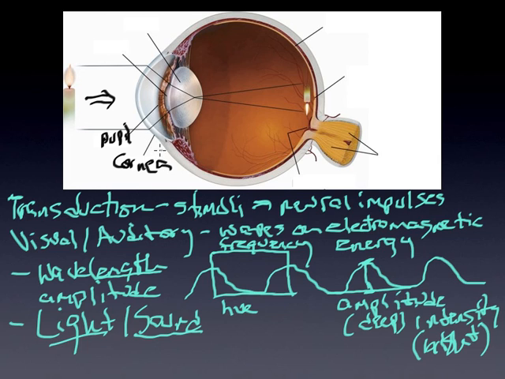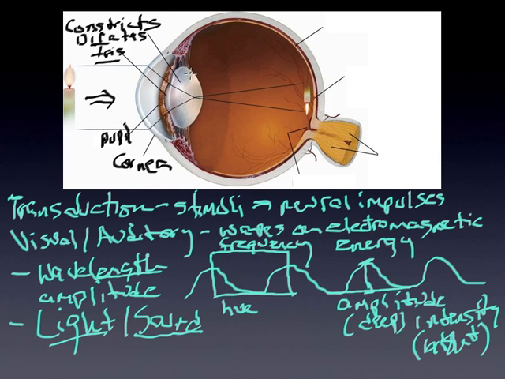This is the iris. It's a muscle. Oftentimes it gives our eyes the colors that they do. And like I said, it constricts or dilates depending on the ambient lighting, so that more light can be allowed in or less light can be allowed in.